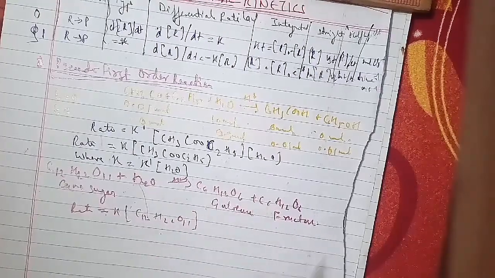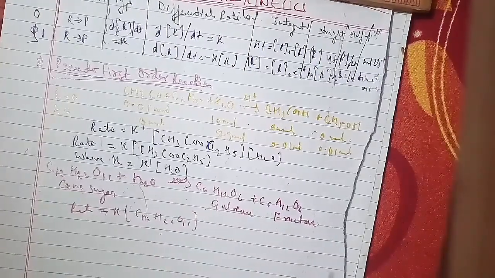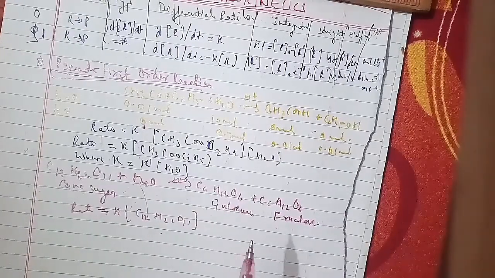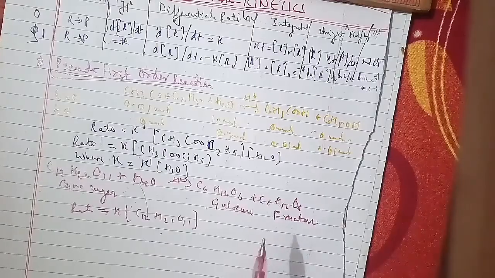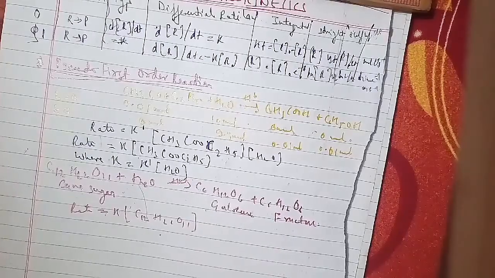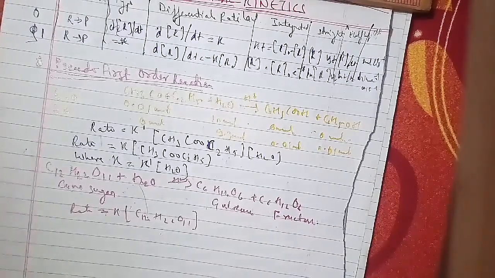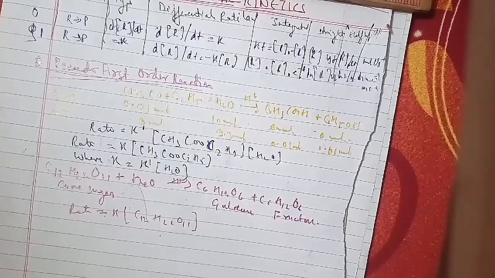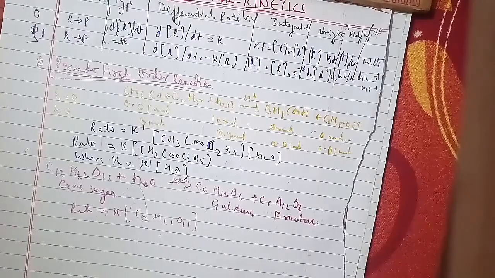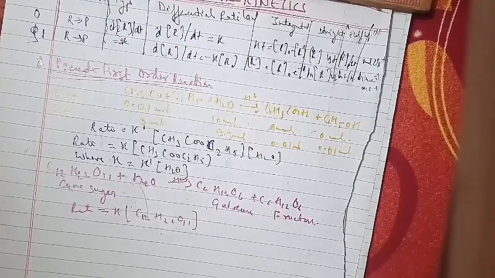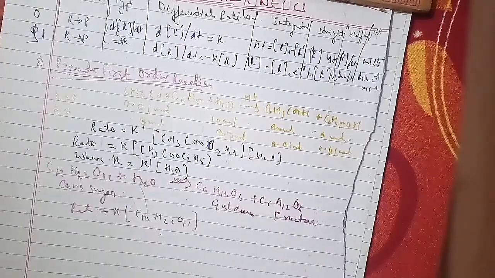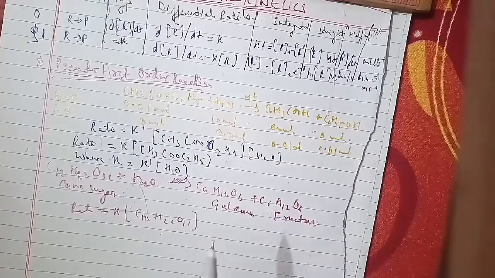Now we'll go ahead to deal with the first question of the session, which is the 9th question of this particular unit. The question is: hydrolysis of methyl acetate in an aqueous solution has been studied by titrating the liberated acetic acid against sodium hydroxide, and the concentration of the ester at different times is given.